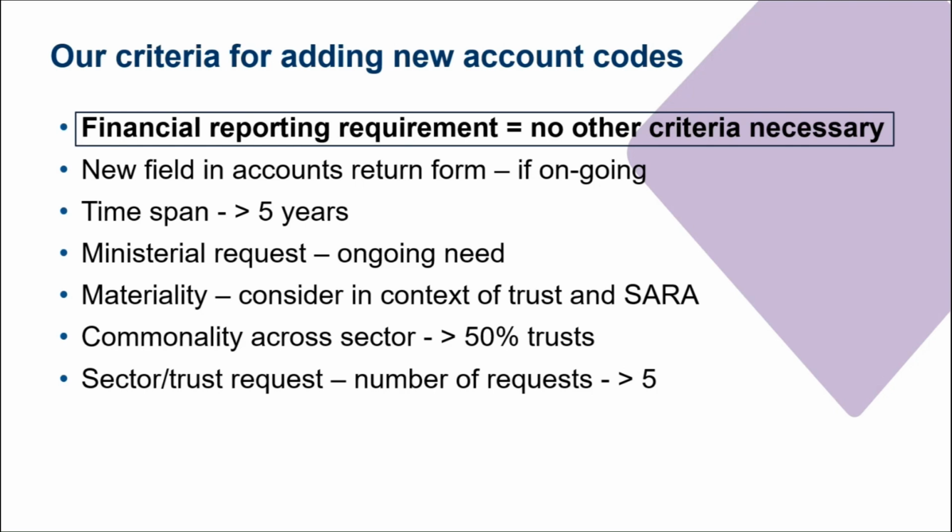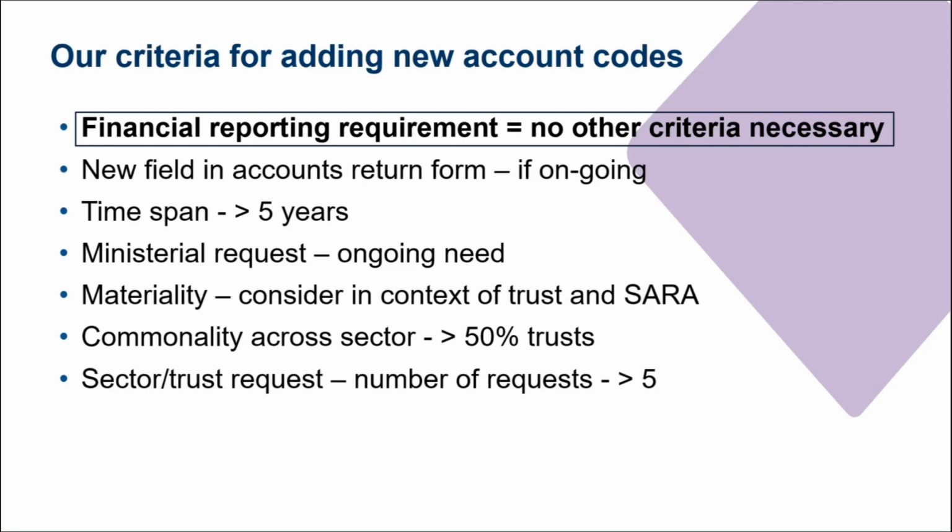Even if it is just for primary phase, if it affects most primary schools, for example, nursery, we added a code for nursery income a couple of years ago, so we know that's not going to affect secondaries, but it's pretty much going to affect all the primary sector. We also consider the number of requests that we get from trusts for new account codes that have come through our query streams.